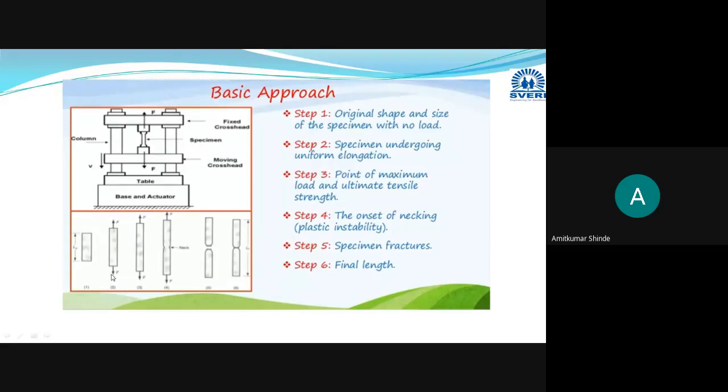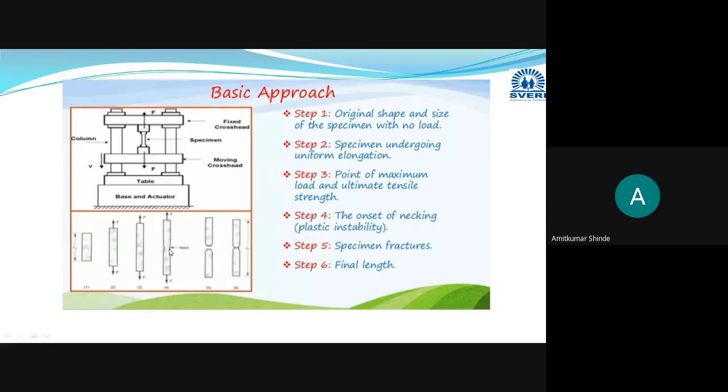The length will start increasing and the diameter will start reducing. Here you can see the changes: as force or load is increasing, the length of the component increases and the diameter decreases. And this step is termed as the neck formation stage.